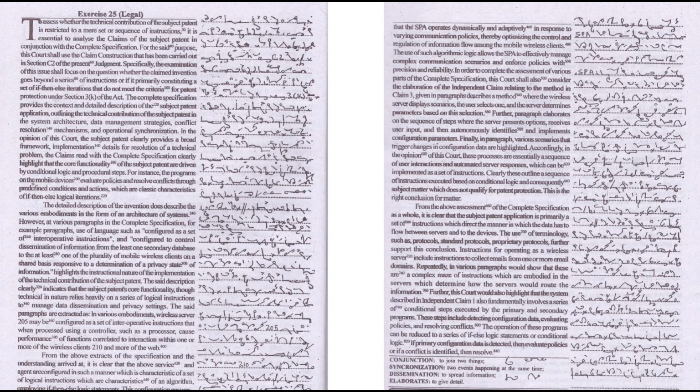The said paragraphs are extracted as in various embodiments: "Wireless server 205 may be configured as a set of interoperative instructions that, when processed using a controller such as a processor, cause performance of functions correlated to interaction within one or more of the wireless clients 210 and more of the web."